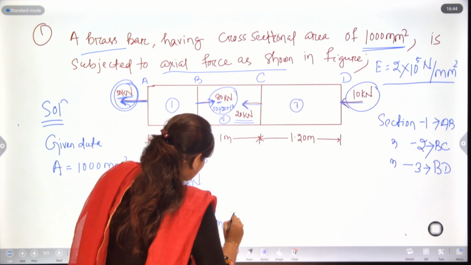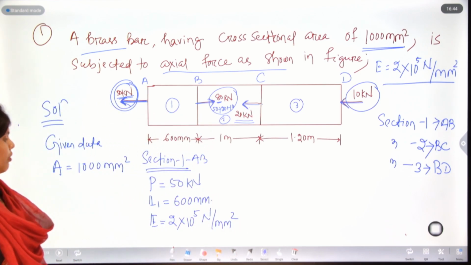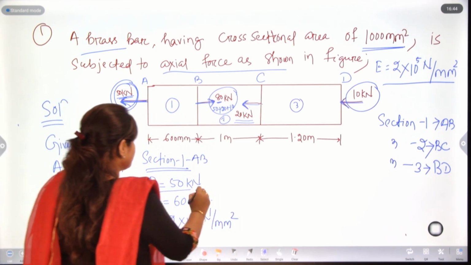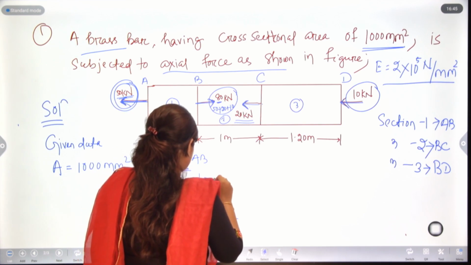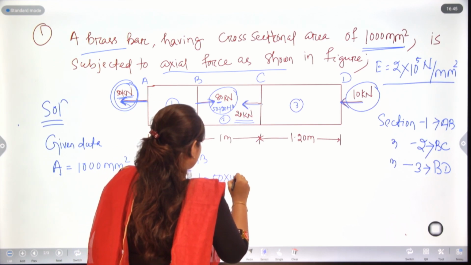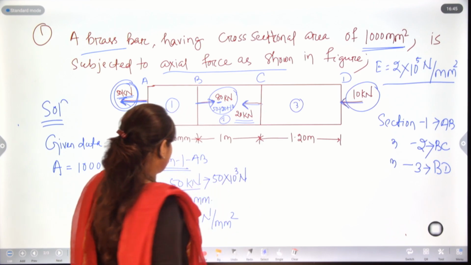It is the constant value of E for a metallic body. As E is in Newton, we need to change kilonewton to Newton. We can write 50 into 10 to the power 3 Newton.